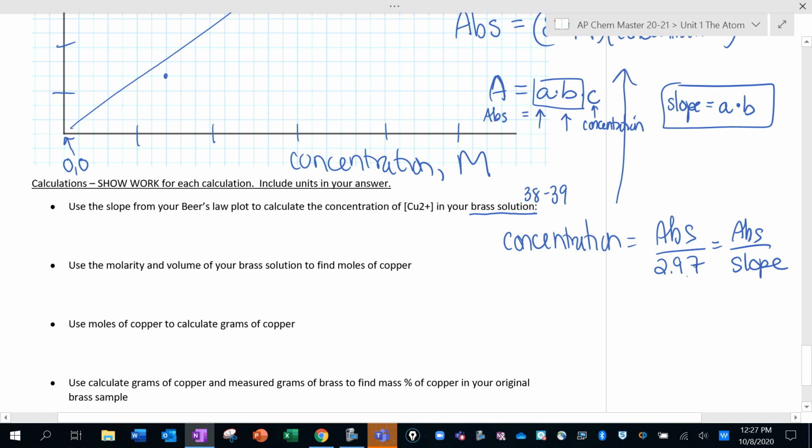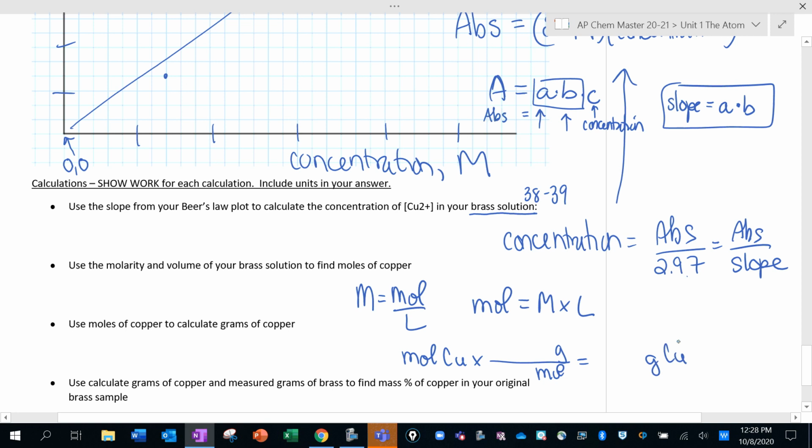Once you find the concentration, you can find moles, because if molarity is moles per liter, we can rearrange that and find moles by doing molarity times liters. And then once you know moles, you can use molar mass to find grams. So if we take moles of copper, we can multiply by the molar mass of copper to find grams of copper.